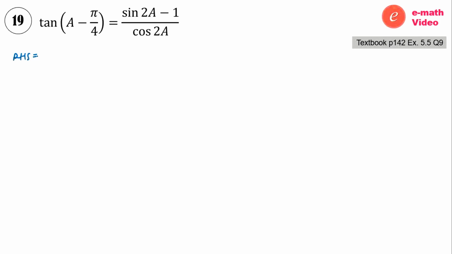Number 19. Okay, later we'll do from the right hand side. But we focus on the left hand side for a while because I want to get rid of this pi over 4. Okay, so we use the addition formula for tangent.